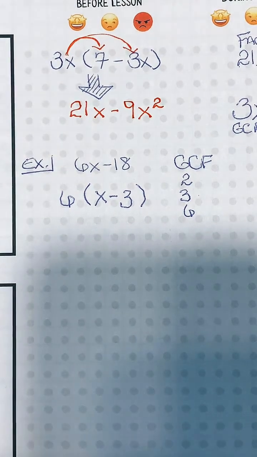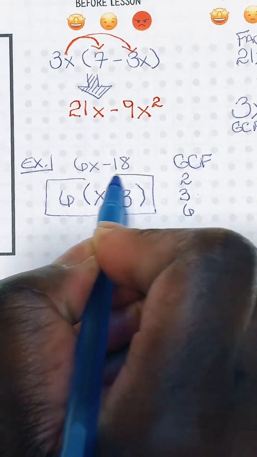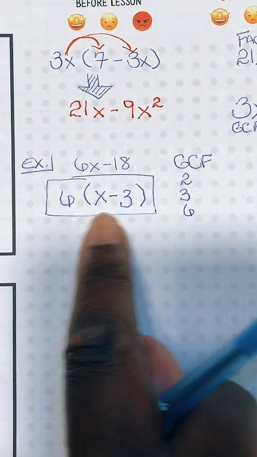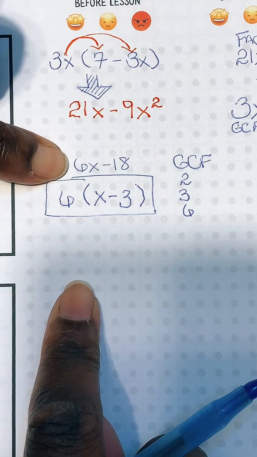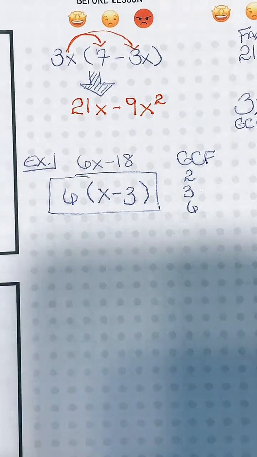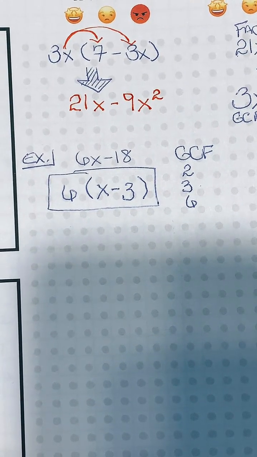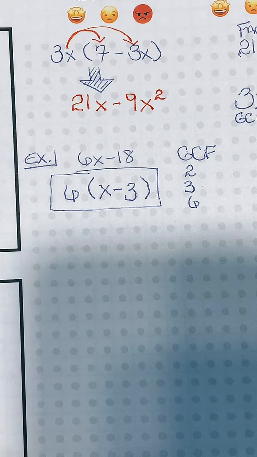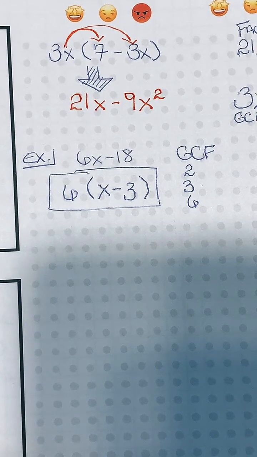So now, this is our factored form of 6x minus 18. Good, Manny. I know, I said, wow, now this makes sense. Good. Give me another one. Not a problem. We're going to be here for a minute.